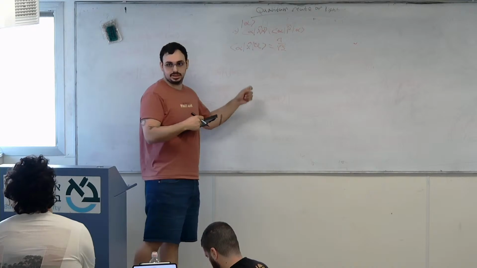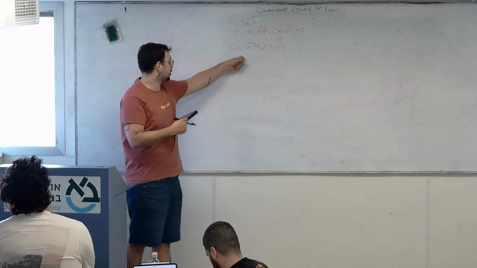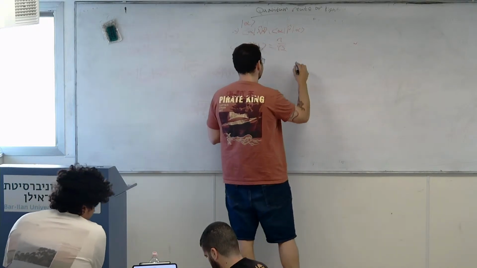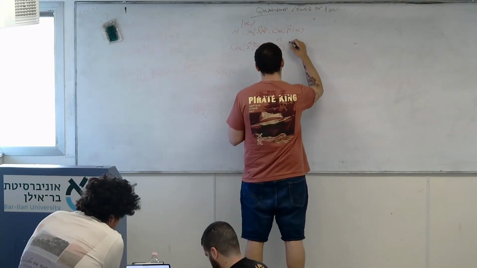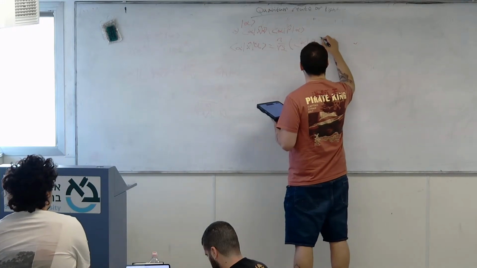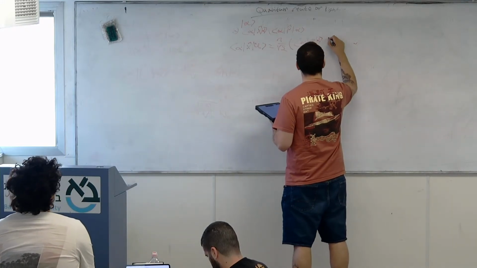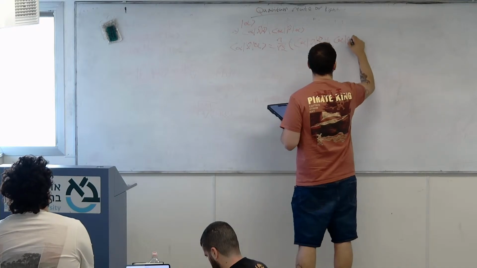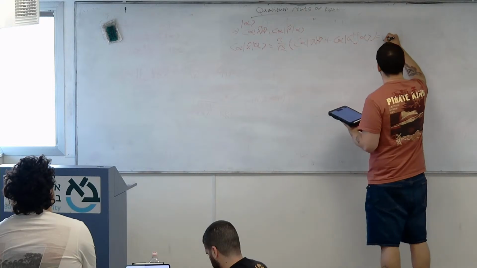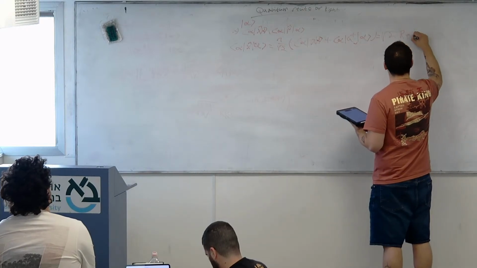Alpha is defined on the annihilation operator, so I'm going to transform x to the annihilation operator. x will be equal to 1 over square root of 2 times alpha (a plus a dagger) alpha, which equals square root of 2 times the real part of alpha.